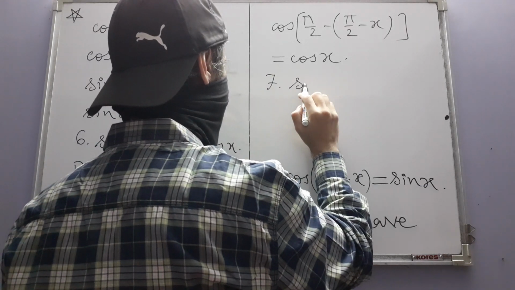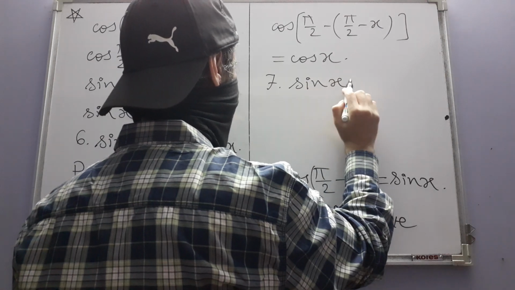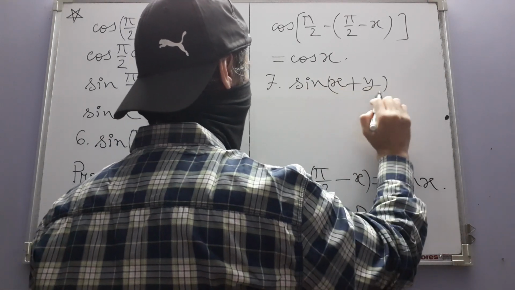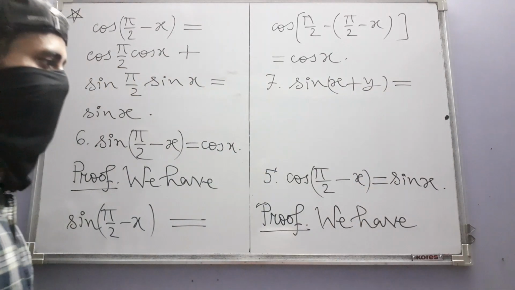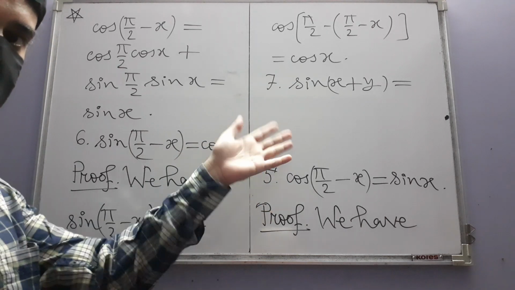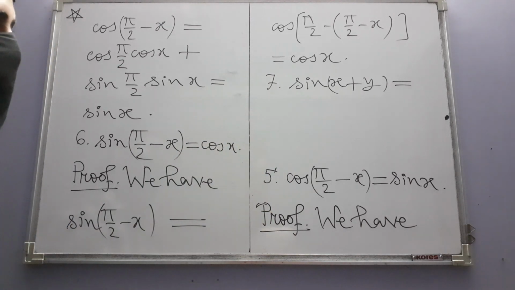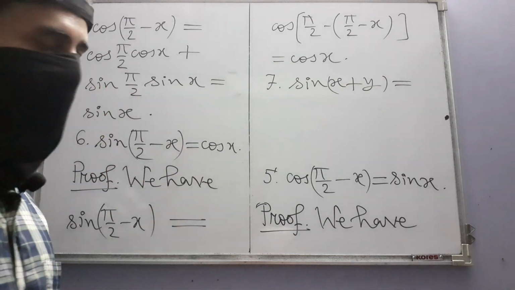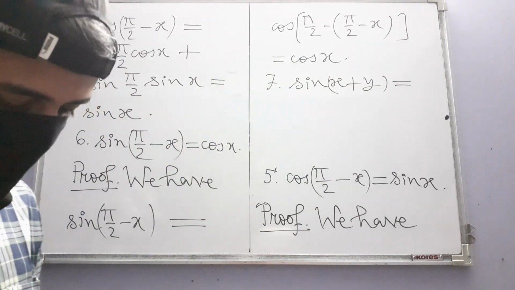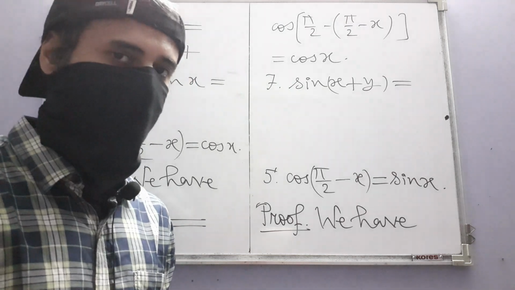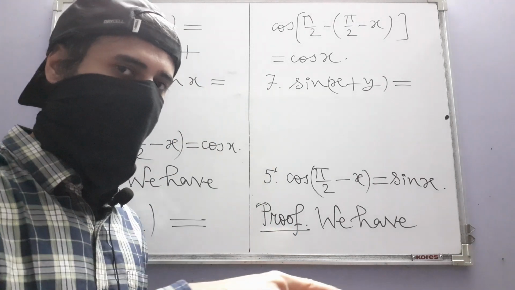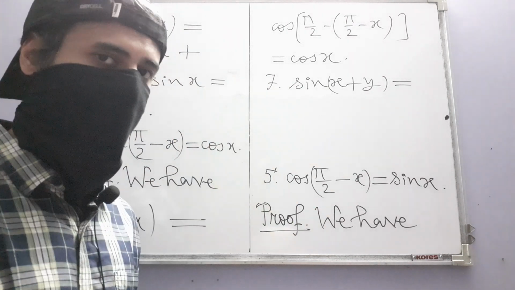And let's next see sine of x plus y. Unlike the cosine formula, where besides having those alternating signs in the middle, you also, you go back to those formulas, you see that in one term we have both cos x, cos y, and in the other term we have both sine x, sine y.